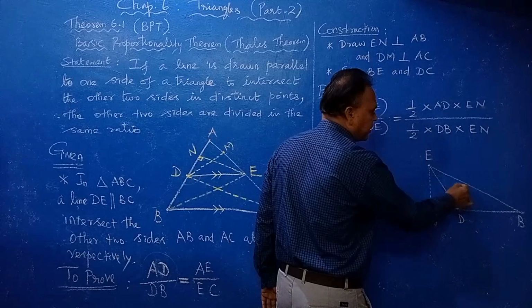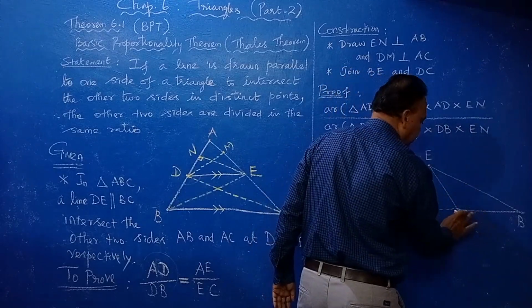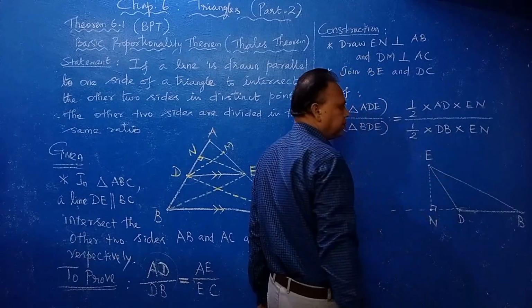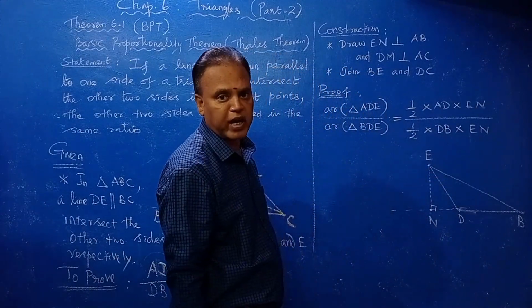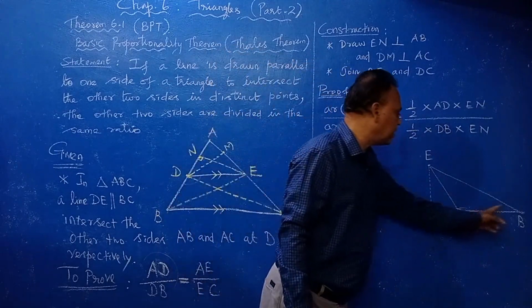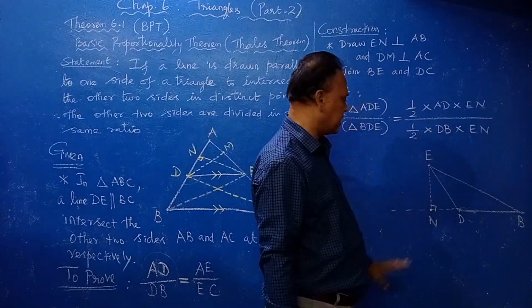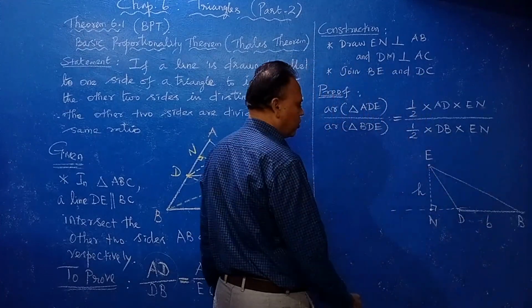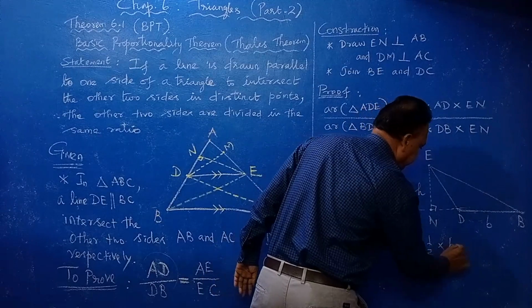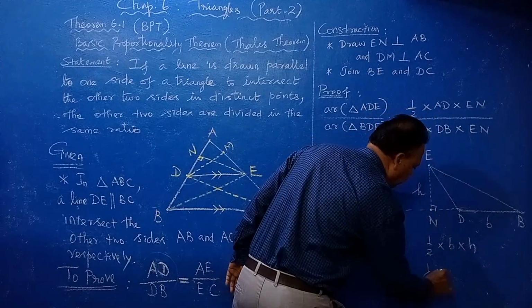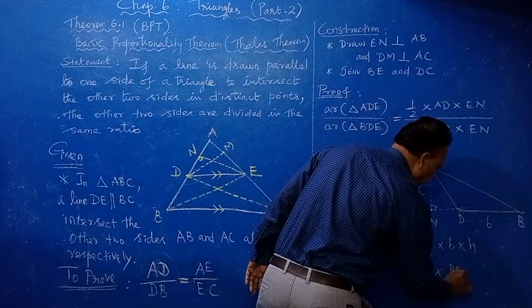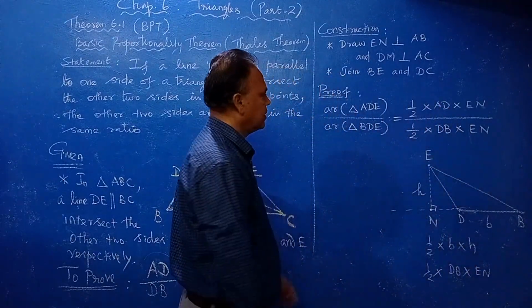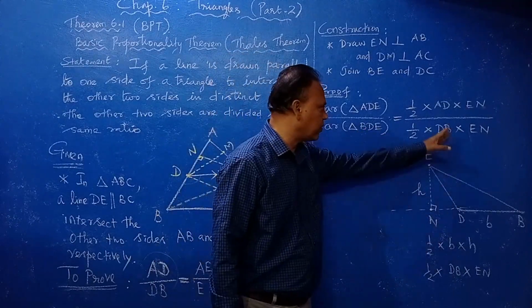So area of this triangle is half into base into height. Clear? So base is DB, height is EN. Same triangle BDE we have written like this.